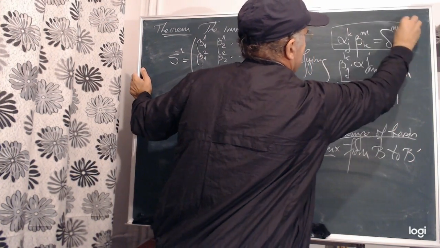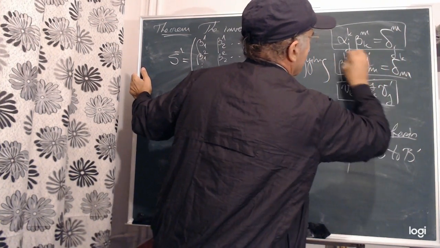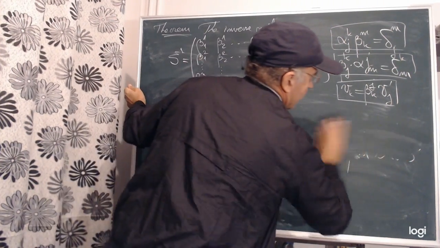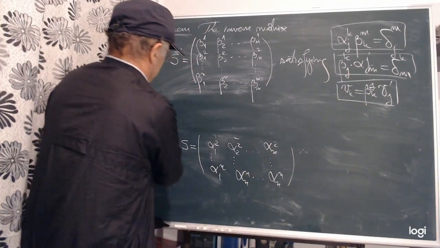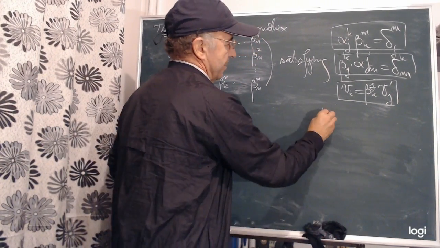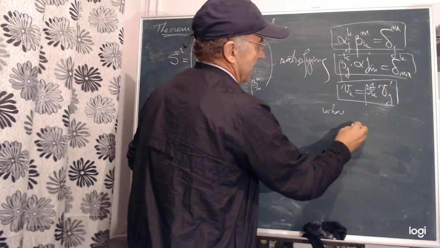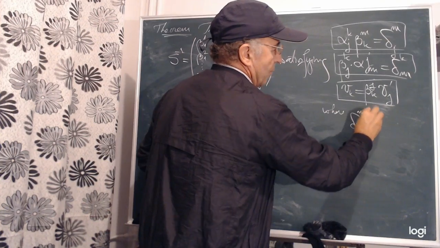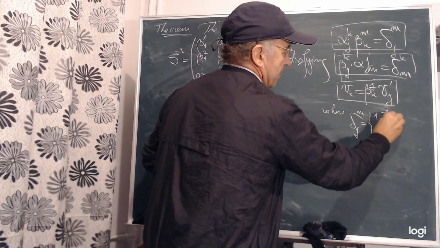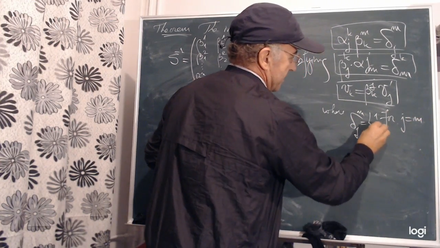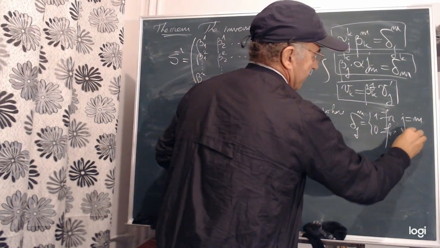In these relations, this symbol delta jm equals 1 for j equals m, and 0 for j different from m.